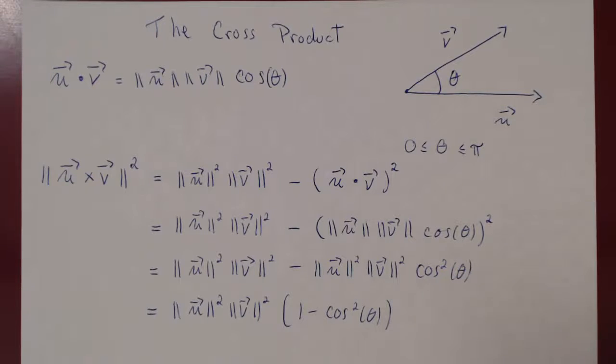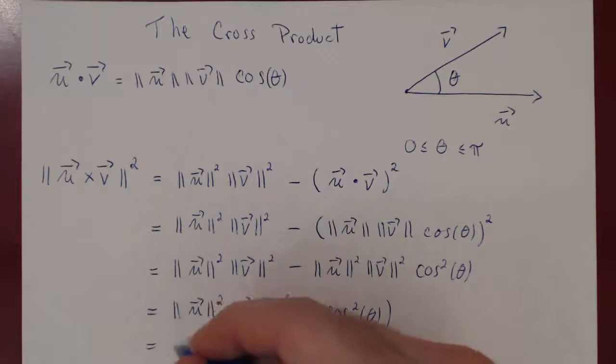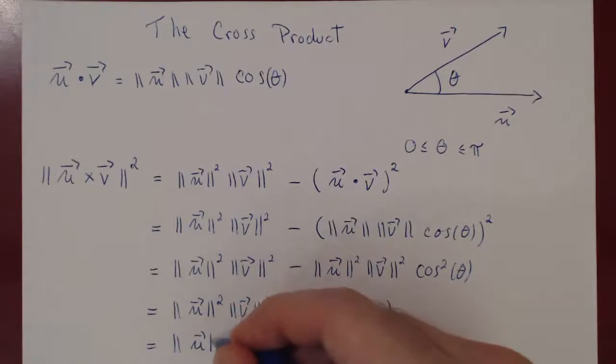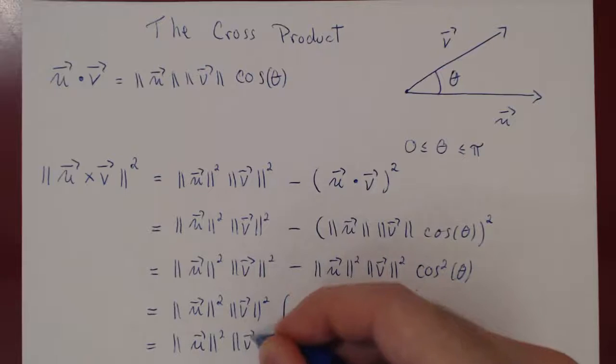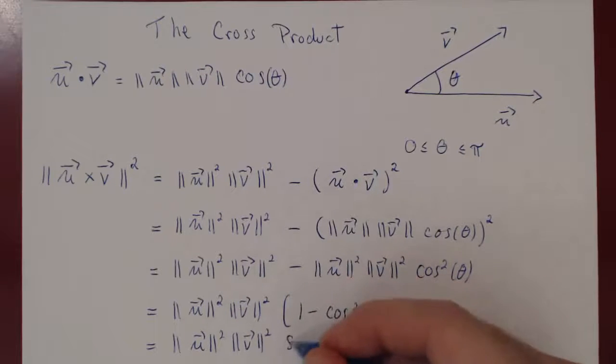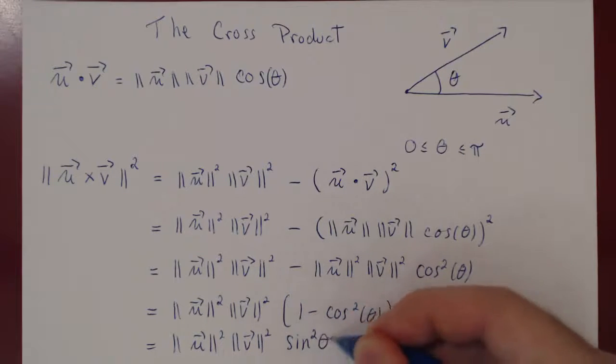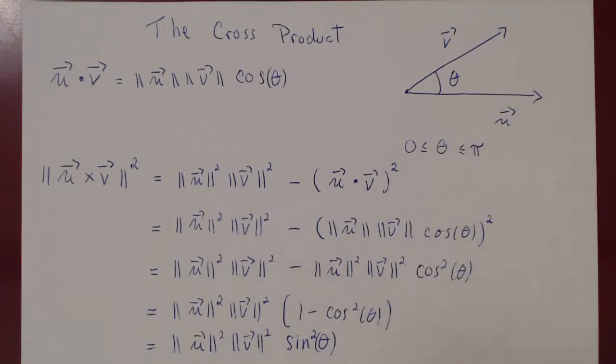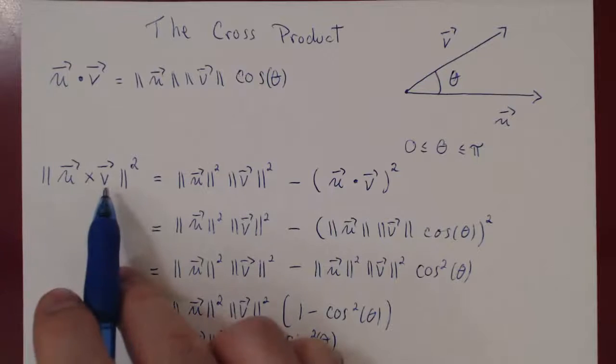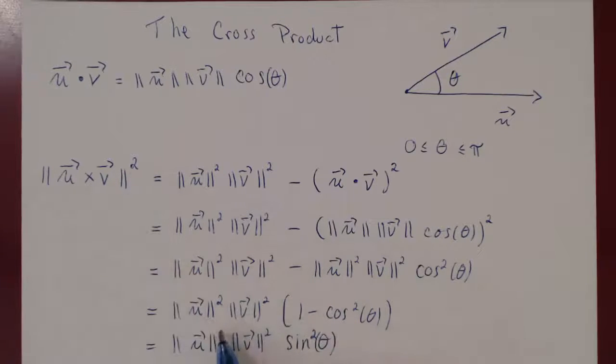But recall from Pythagoras' theorem that 1 minus cos squared is simply sine squared. And now if you go back, this was the norm of u cross v squared equals the norm of u squared, the norm of v squared, sine squared. And we can now take the square root.